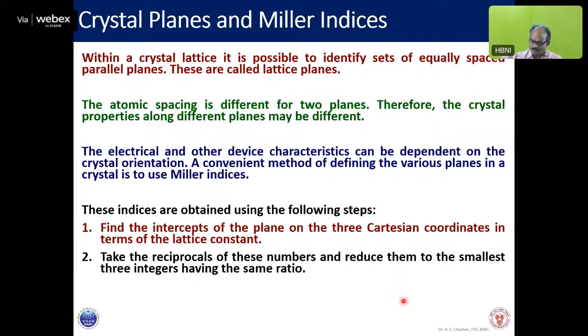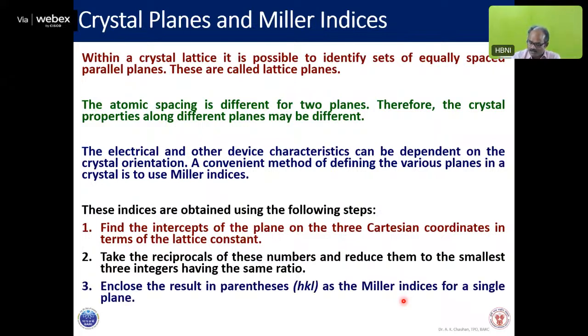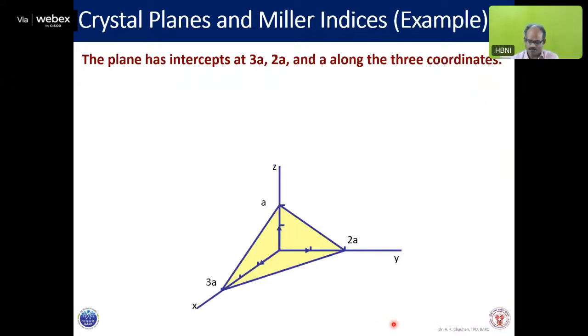So you take the intercepts and then take the reciprocal of these numbers, and then you reduce these to the smallest three integers by keeping the ratio the same. And then if you enclose them in parentheses, this will be the Miller indices.